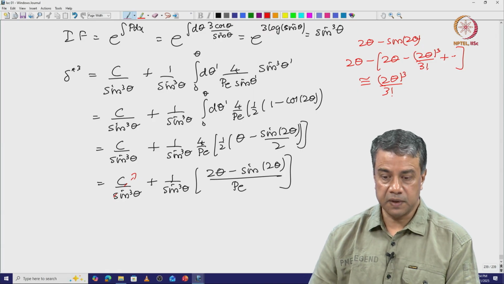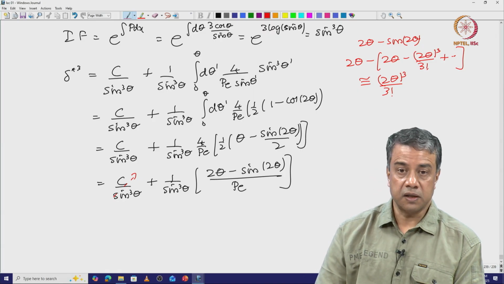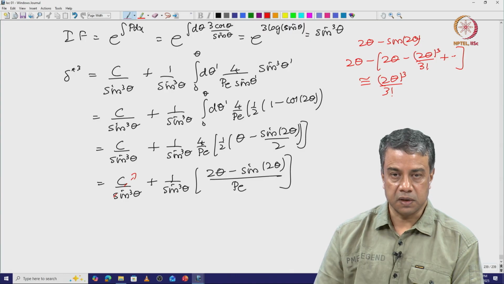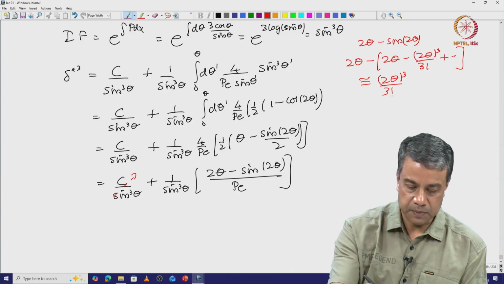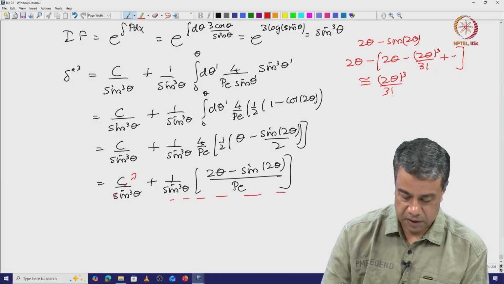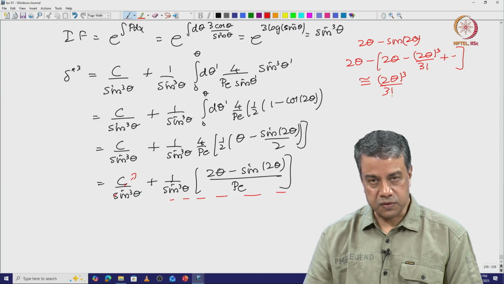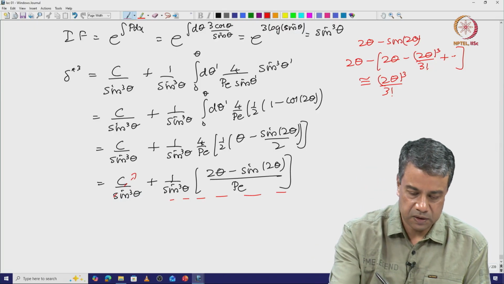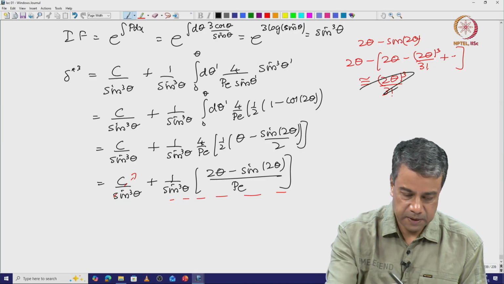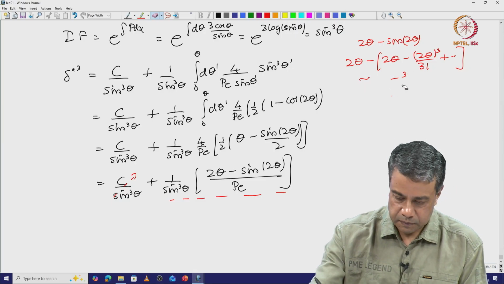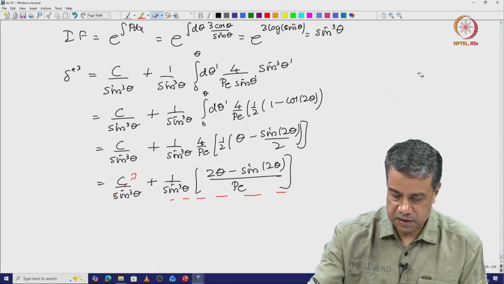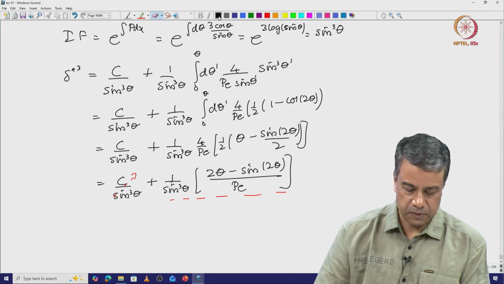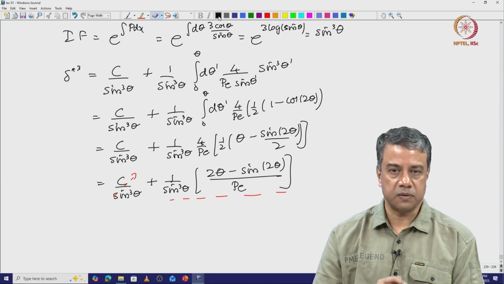I have a sin cubed theta in the denominator. Sin cubed theta also goes as theta cubed in the limit as theta goes to 0. Therefore, the second term here is finite in the limit as theta goes to 0. So I have to choose the constant c such that the boundary layer thickness is finite, that is, c has to be equal to 0, otherwise the first term will diverge.